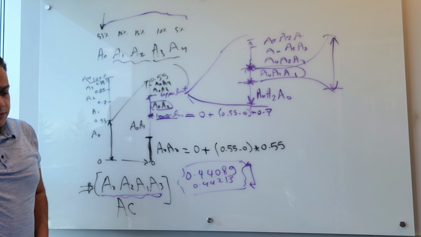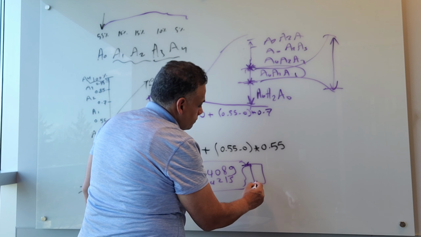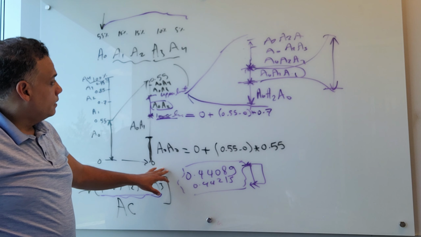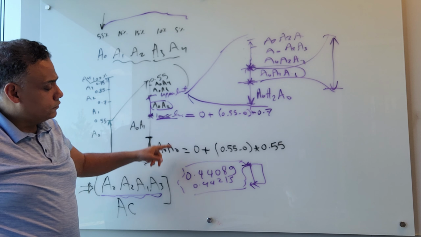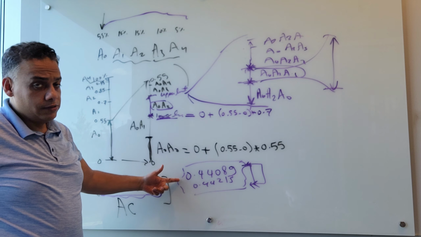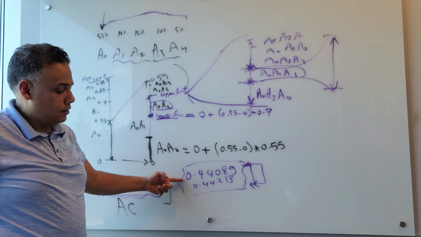Now our task is to find a binary sequence that fits completely within that interval. So I'm going to erase the board and go through the procedure that shows how we actually find a binary sequence that fits perfectly within that tiny interval.